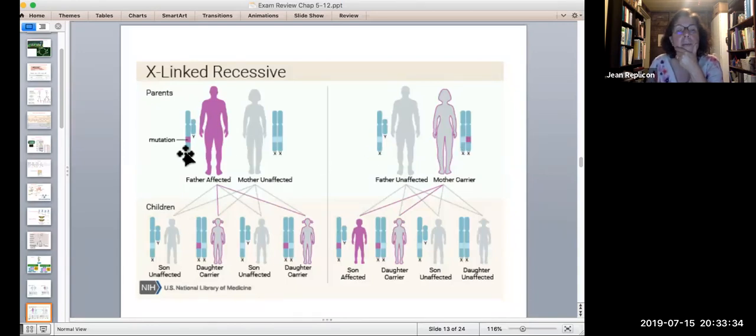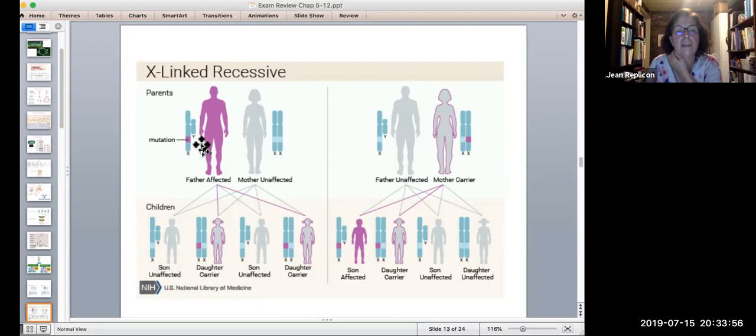Whereas with males, if they have a copy of that mutation, it shows. There's no other X chromosome to mask it. So dominance and recessive, really, it doesn't really apply to males because they don't have the opportunity to have another chromosome masking it.